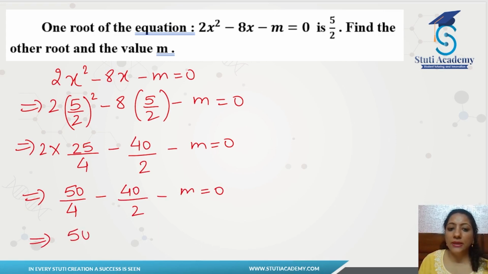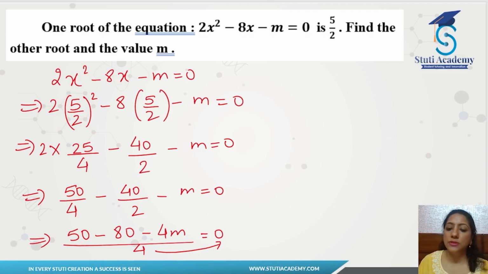We will get (50 − 80 − 4m)/4 = 0. 4 we are going to take on the right hand side. It will get multiplied with 0 and it will become 0 then. Also, 50 minus 80 will give us minus 30. So we get −30 − 4m = 0.